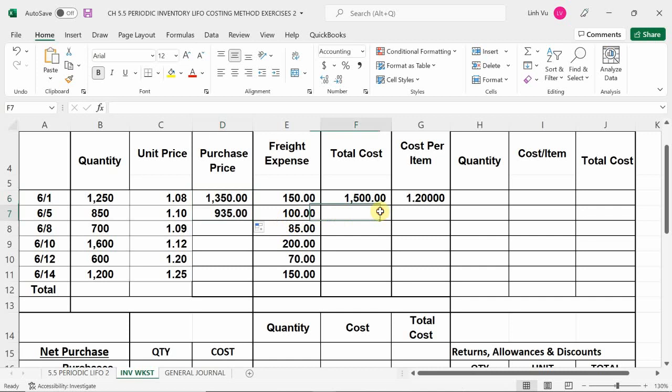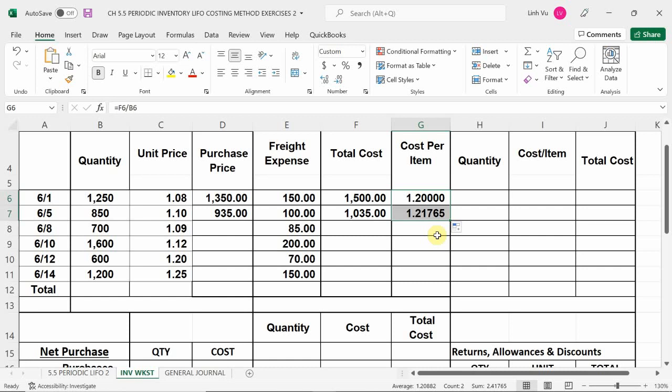Okay, plus $100 gives me a total cost of $1,035. Okay, good. Now it's time to solve for my cost per item. That one I got $1.2176.